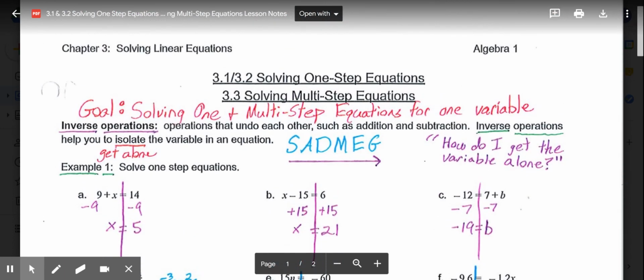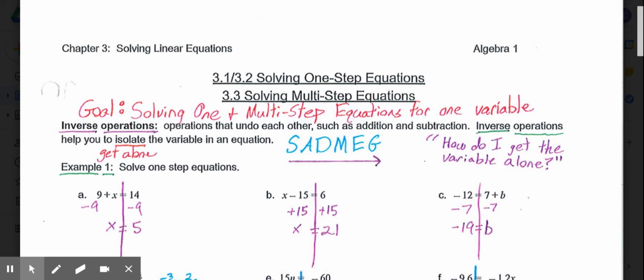And then just remember that concept of inverse operations and undoing subtraction with addition, addition with subtraction, division with multiplication, and multiplication with division.